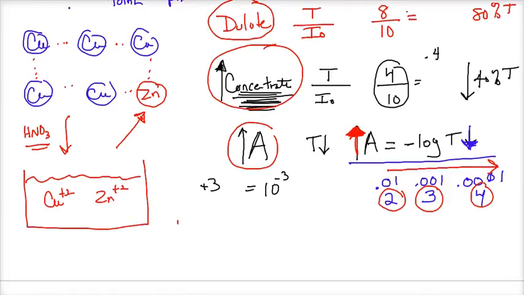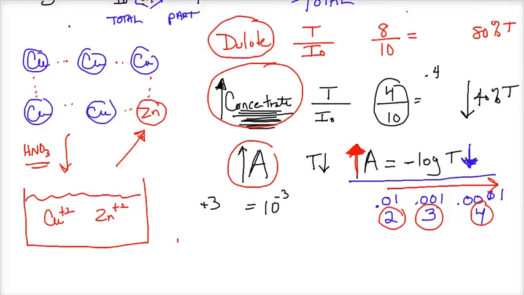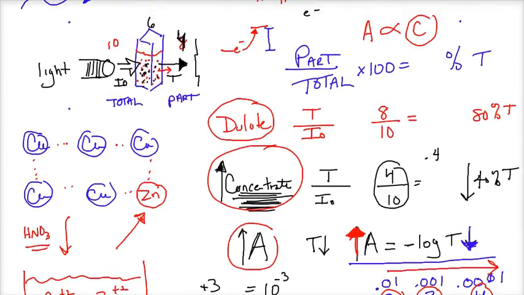Now, the problem in this scenario is that we can't just simply put it into a computer to measure the absorbance, because we know the relationship is A equal to the concentration, but there are other factors involved. For instance, the light has to pass through the width of a cuvette, which is approximately 1 centimeter.